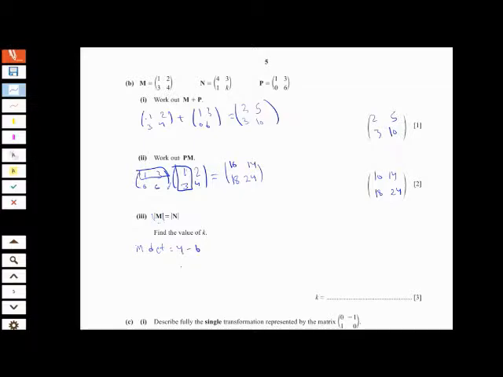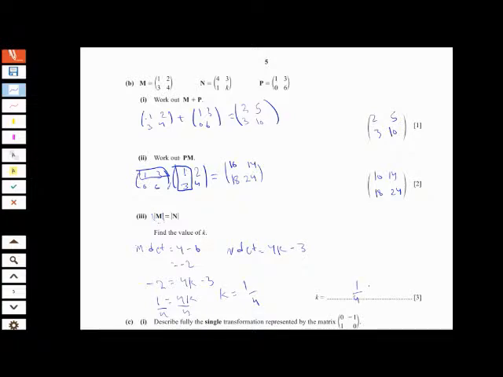Let's find the determinant of N now. 4 times K, 4K, minus 3 times 1, which is 3. Okay, now let's equate them. Negative 2 equals 4K minus 3. Take negative 3 to the other side, it's going to be 1 equals 4K. Divide by 4, K equals 1 over 4.